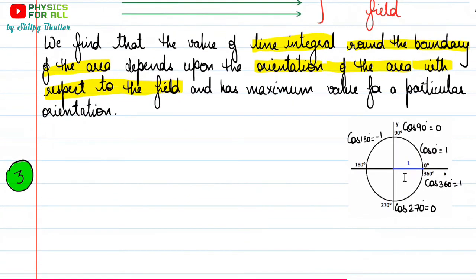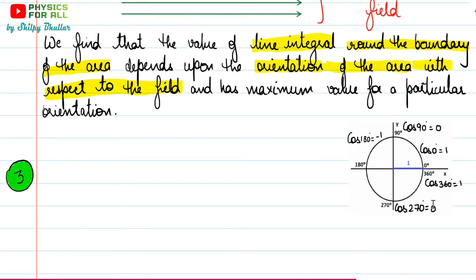Like here, you can see that if it is oriented in the same direction, that means our angle is 0 degree. In that case, cos 0 degree will give us 1. If it is aligned in the perpendicular direction, then cos 90 degree would be 0. If it is aligned in the opposite direction, that is when our angle is 180 degree, in that case cos 180 degree gives us -1.